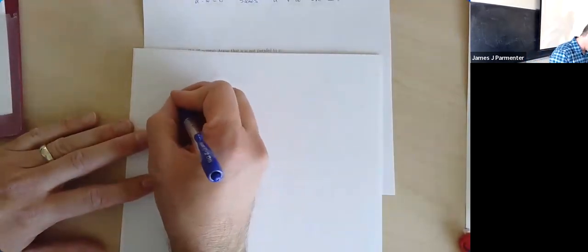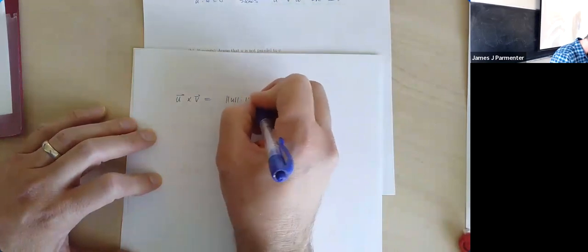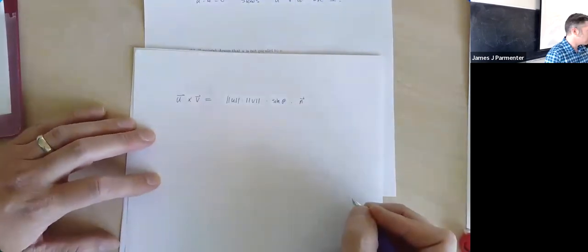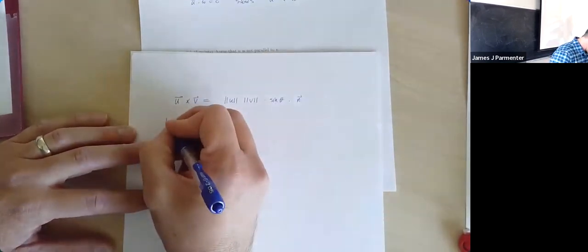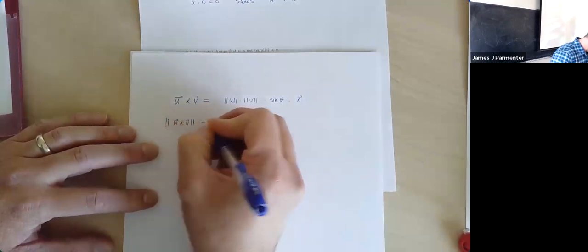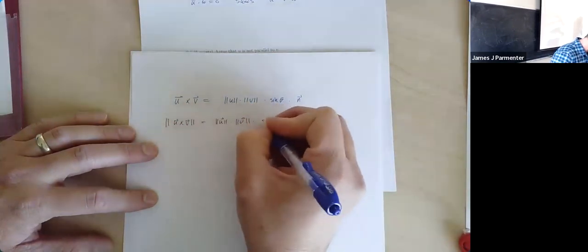But we could have said, oh yeah, I guess U cross V is equal to the magnitude of U times the magnitude of V times sine of theta times the unit normal vector. And then if you take the magnitude of both sides, you get the magnitude of U cross V equal to the magnitude of u times the magnitude of v times sine of theta.